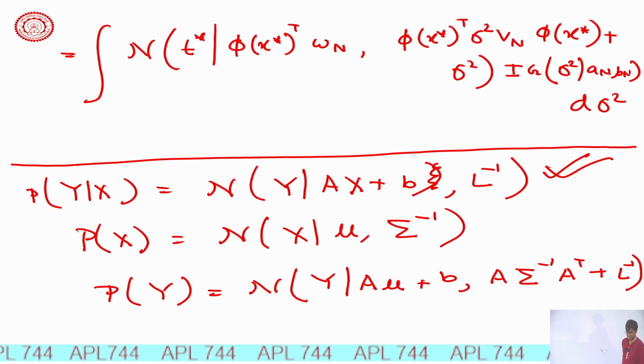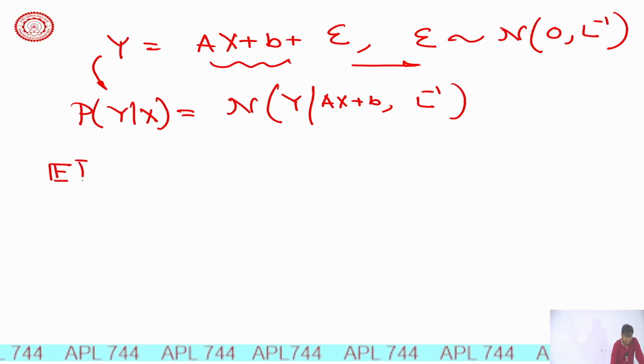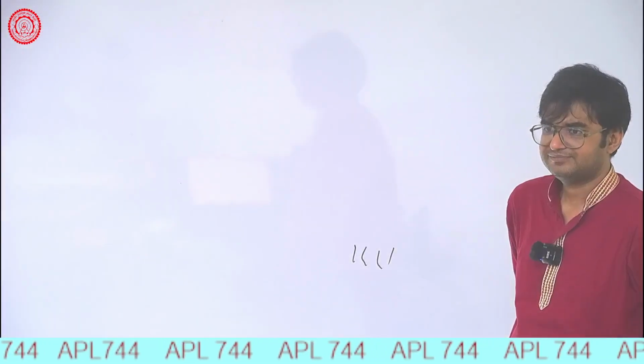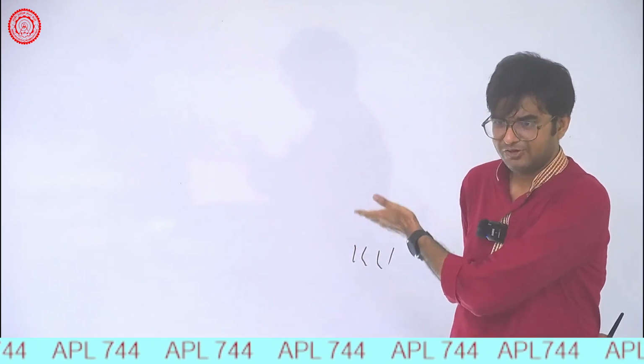Correct? So now from this expression, take mean of both sides. So what is the expectation of y? The basic rule of expectation. What is it? A, then expectation of x plus b plus 0.